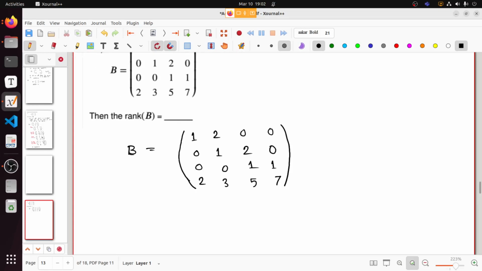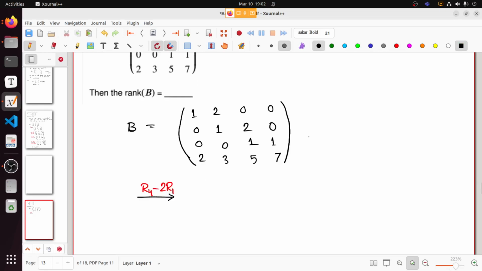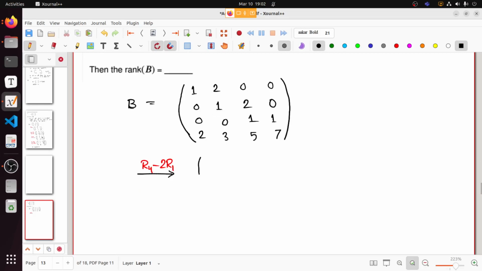So what you have to do, the first row is 1, and below everything we have to make it 0. So what we will do, we will make R4 minus 2 times R1, right? Then it will become 1 2 0 0, all other rows remain fixed.